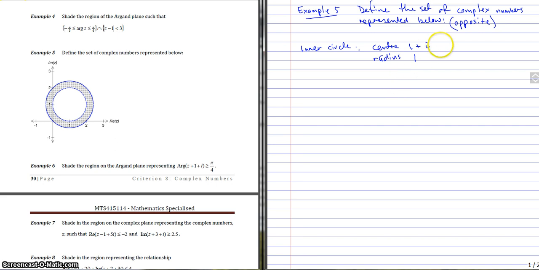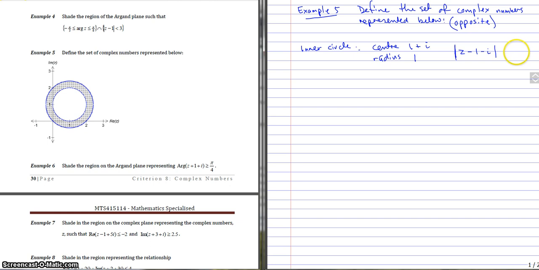Okay, so how do we represent that? Well, because it is translated 1 unit to the right and 1 unit up, it's going to be |z − 1 − i|, all in these absolute value symbols.